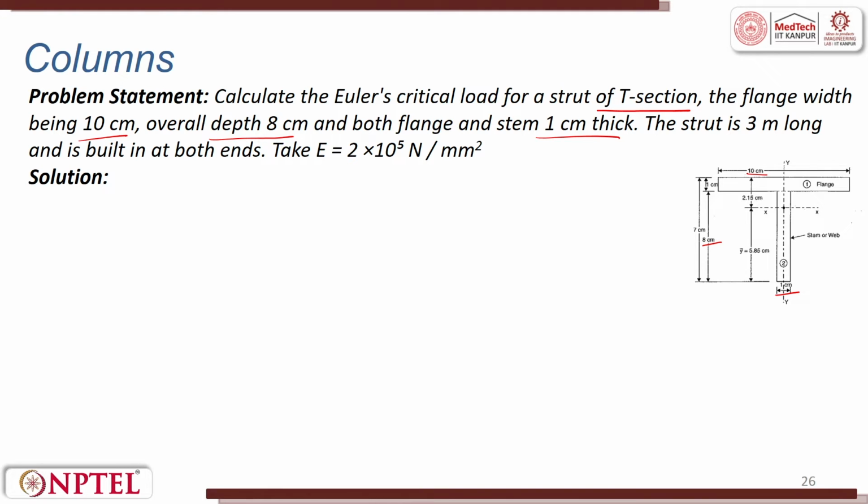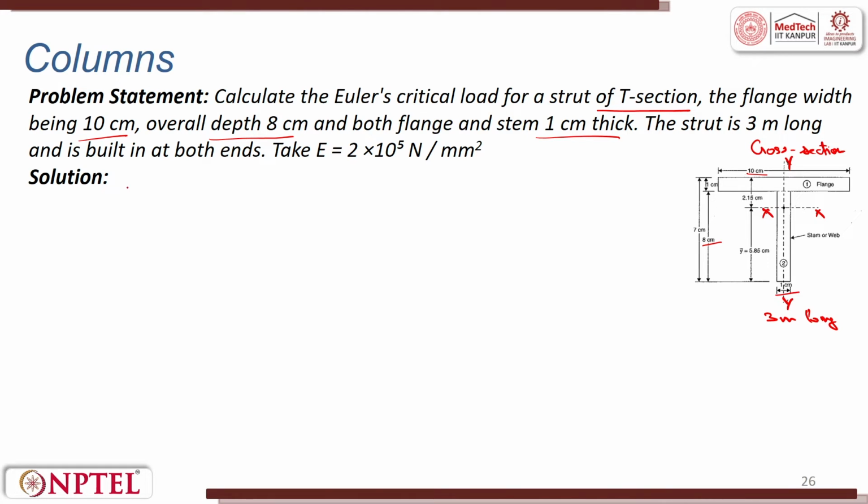So, this is the cross section of the stud, but it is 3 meter long. Now, let us try to understand or calculate the moment of inertia about the x-axis or y-y axis. It is given here, this is the x-axis and this is the y-y axis, and then try to calculate the critical load.